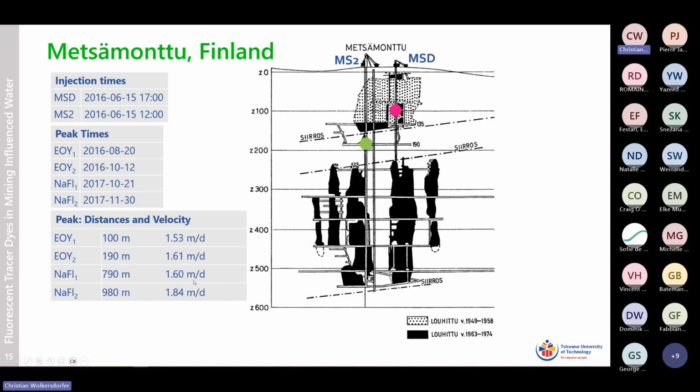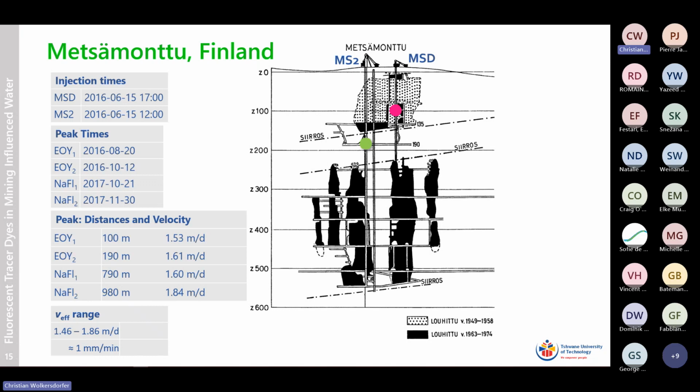So you can clearly see in that case that no matter when the tracer arrives, it's roughly between 1.5 and 1.9 meters per day. That is correct. So the effective velocity, including the error ranges, is between 1.5 and 1.9 meters per day, which results in 1 millimeter per minute.